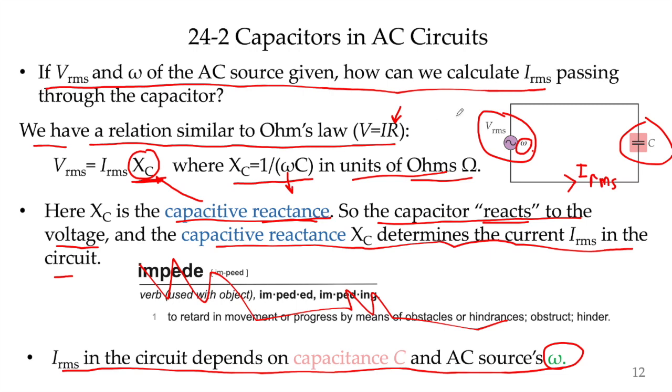This reactance depends on the AC source's angular frequency, and it also depends on C, the capacitance. So if the angular frequency is different in some circuit, then for a given voltage the current in the circuit will be different. The current depends on the angular frequency of the AC source.